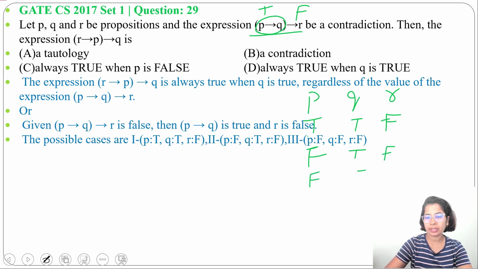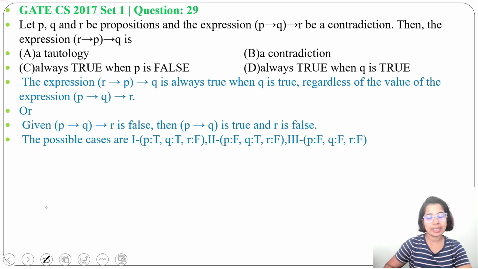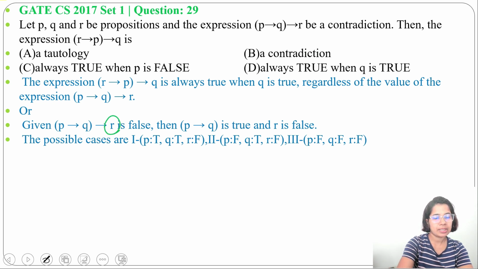Or P false, Q false, R false: P implies Q is false implies false, true, and true implies false is false. But when P true, Q false, R false, true implies false is false, and false implies false is true. So this is not the case. Only in these three cases it will be false, as R is false and the left part is true.